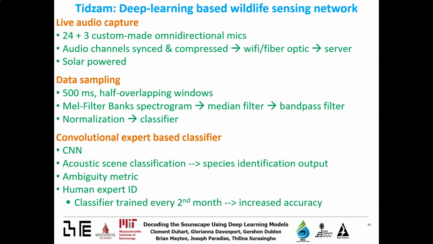And then it goes through different processing centers. It goes through different layers of the neural network, right? One at a time, because certain layers of the neural network are better at decoding the soundscape than others, right? So the more layers you use, the greater the accuracy of the identification, right?